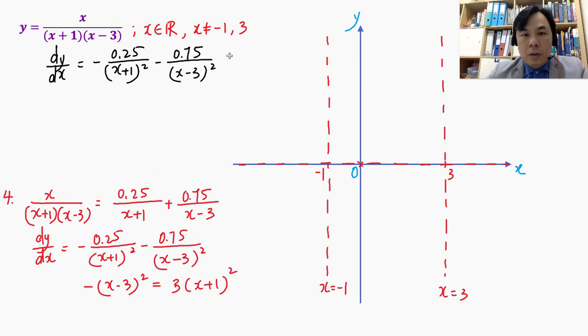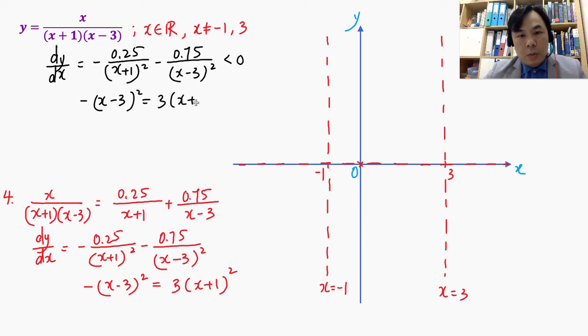We know that this gradient of tangent is always less than 0. Okay, and then we reach this conclusion when we want to determine its stationary point. So we have negative (x minus 3) squared is equal to (3x plus 1) squared.